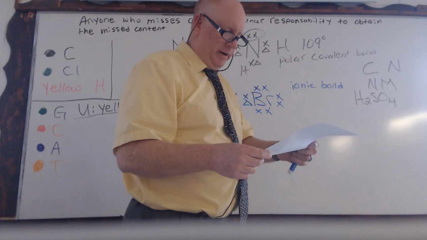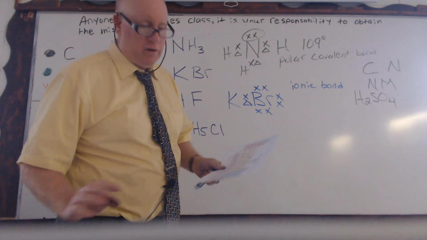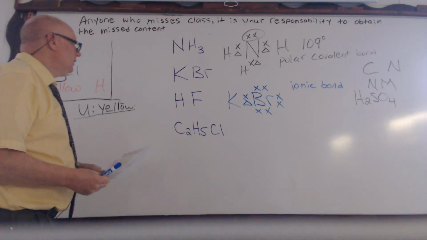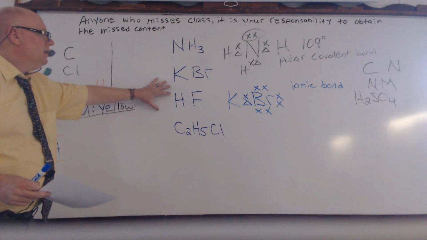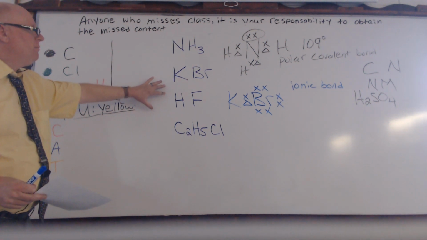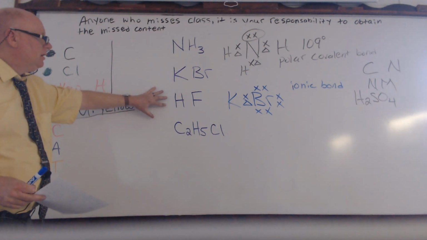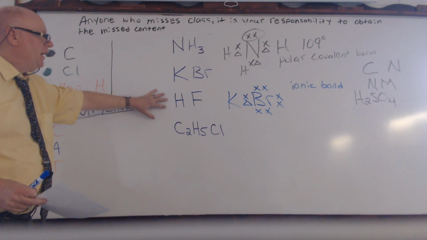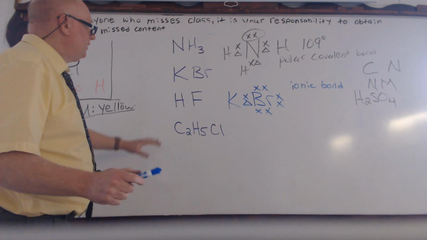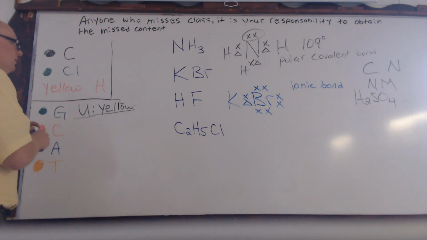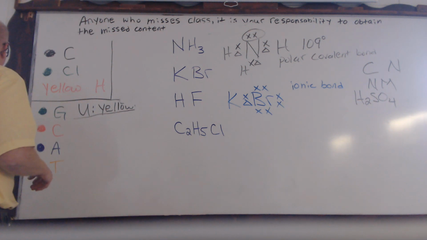It's on the right. So with this one, if you really wanted to be specific, we call it a polar covalent bond as well, and it probably makes more sense to classify it like that. I'm going to show you why in just a moment.